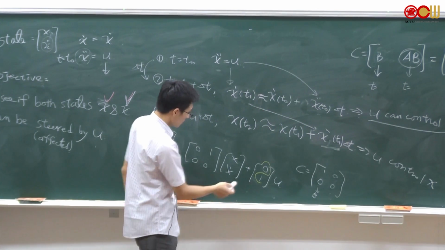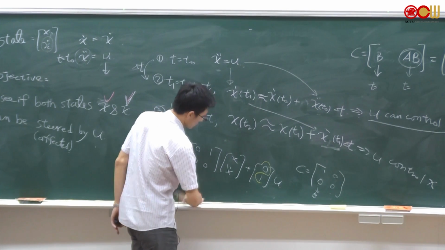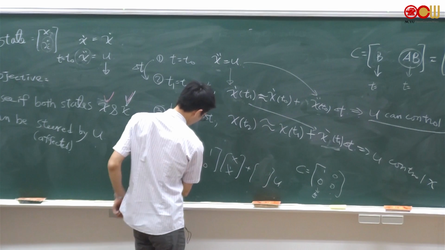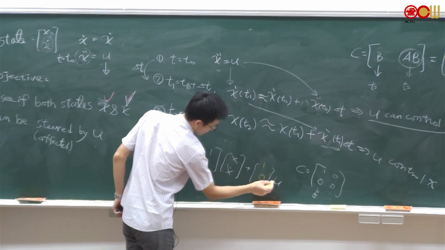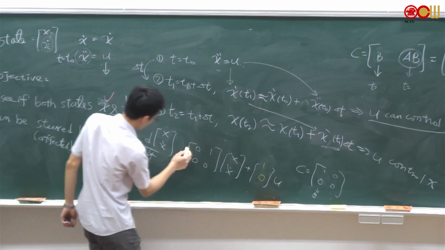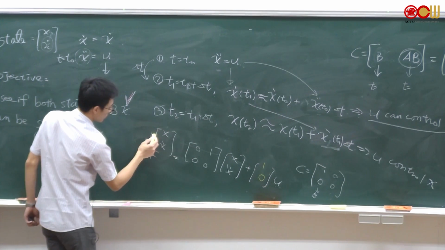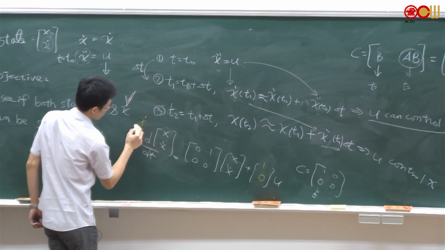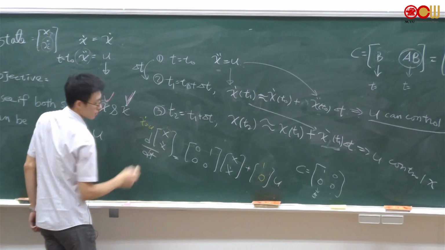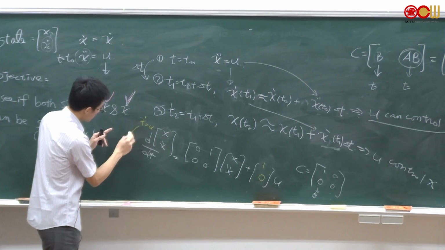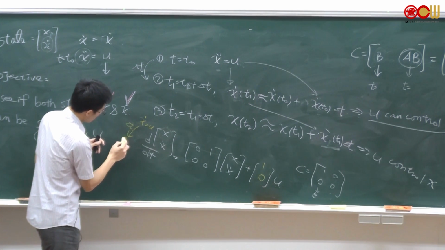The reason is when you swap this 0, 1, it becomes 1, 0. When it becomes 1, 0, you come into the system to affect the first equation, right? So you affect x dot, right? You affect x dot. So x dot as t goes, it changes delta x.